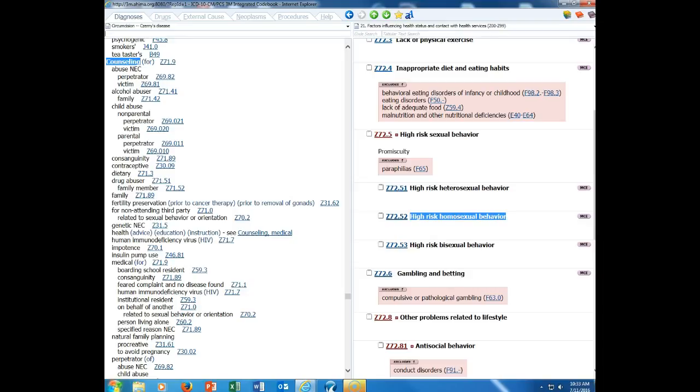AIDS is treated with drugs that are called HAART, highly active antiretroviral therapy. Patients can be given these on a prophylactic basis to prevent infections. Some patients' CD4 count will rebound so that it becomes above 200.